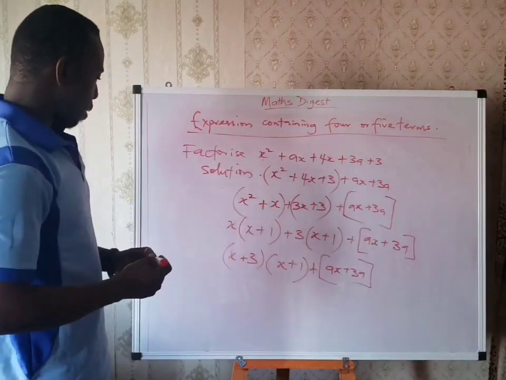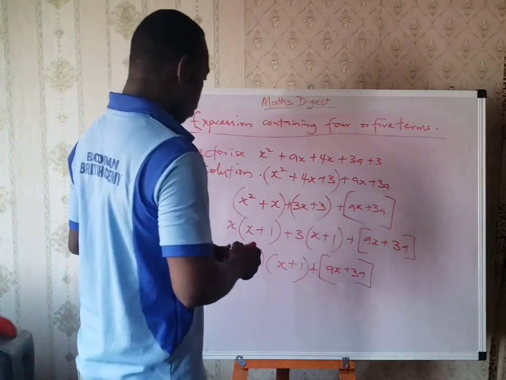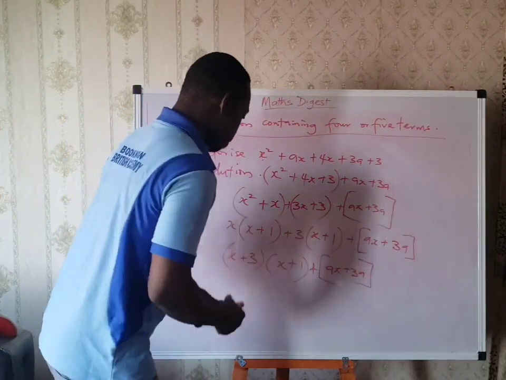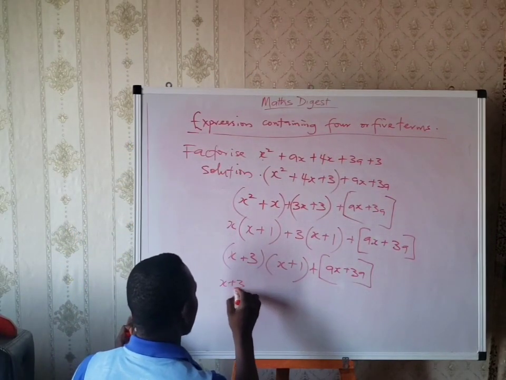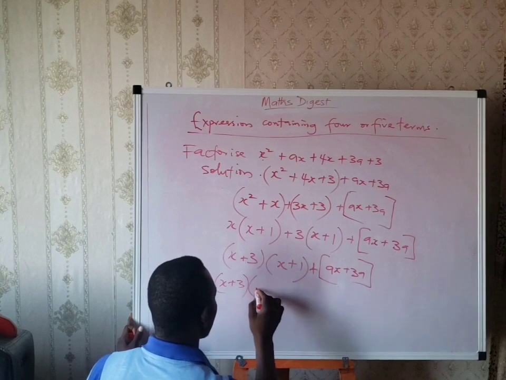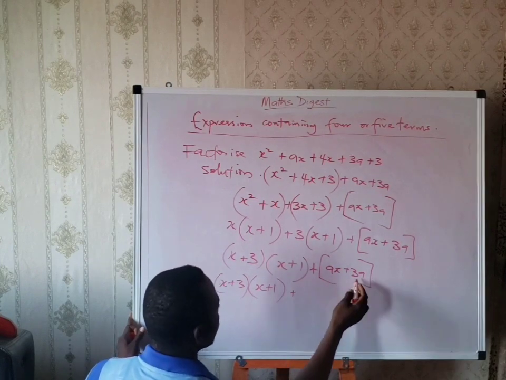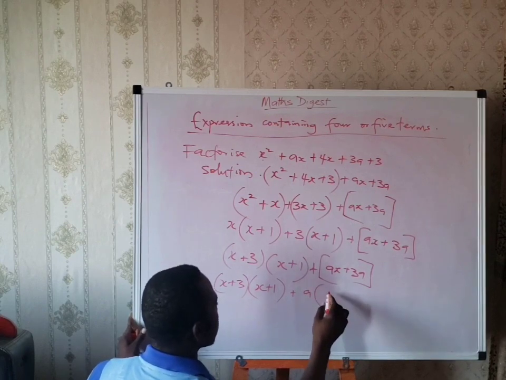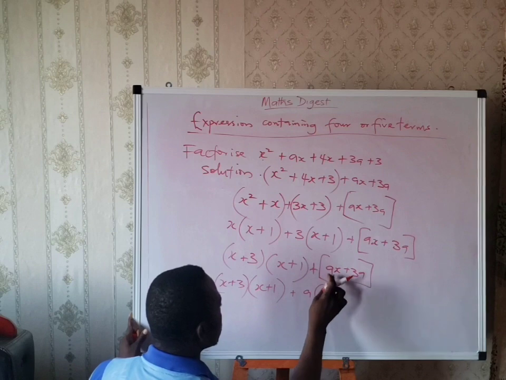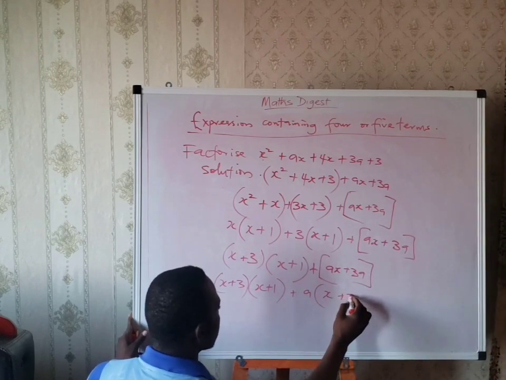Now looking at this, we can decide to factorize this side. What's common here is a, so we have a into this ax, we have x left. A here is plus 3.